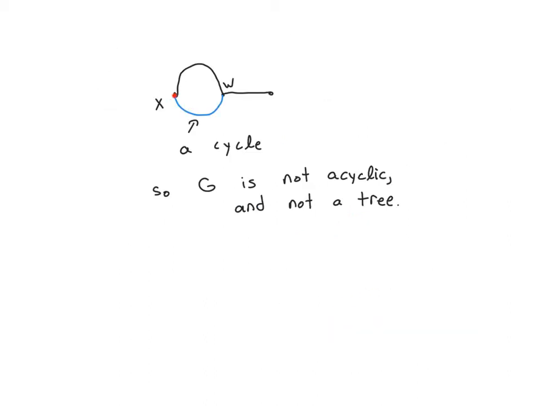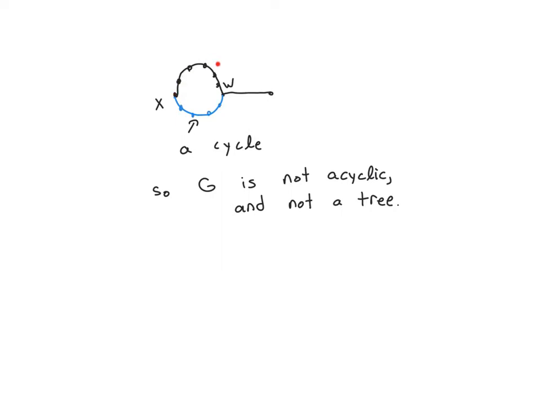So what do we have? We have these two vertices. We know P1 and P2 agree on this part of the path after the cycle. And we know this is a common intersection point that they have in common, and that from X to W, they have no common intersection points anymore. In other words, these vertices up here are distinctly different from these vertices down here.